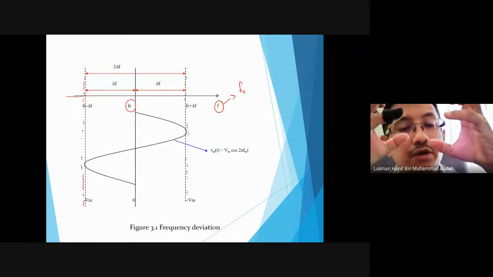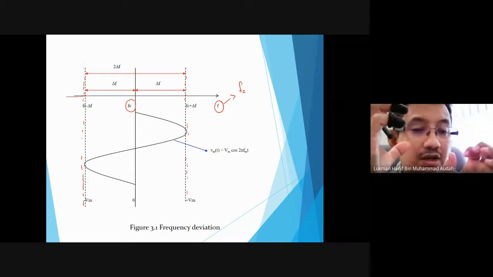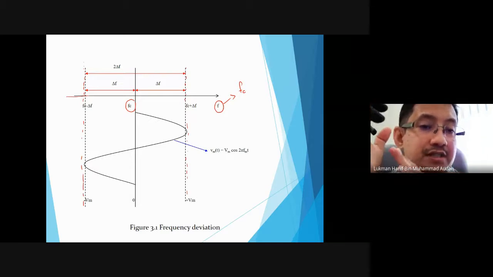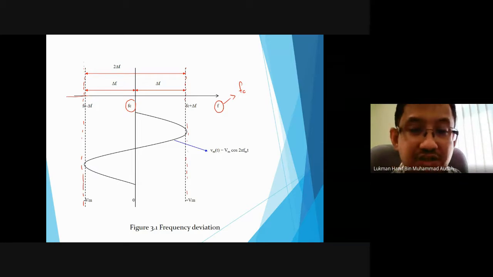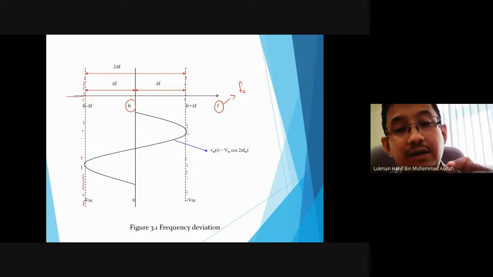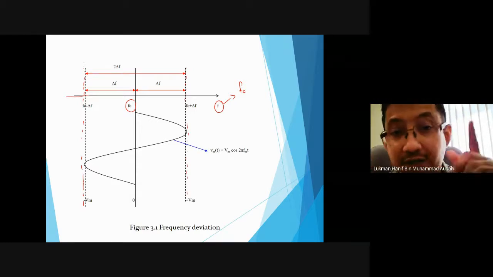And due to this modulation effect with the information signal, the frequency or the phase of the carrier change in accordance with the amplitude variation of the input message. So di sini dia nak tunjukkan perubahan frekuensi. Okay, the changes of frequency of the carrier.